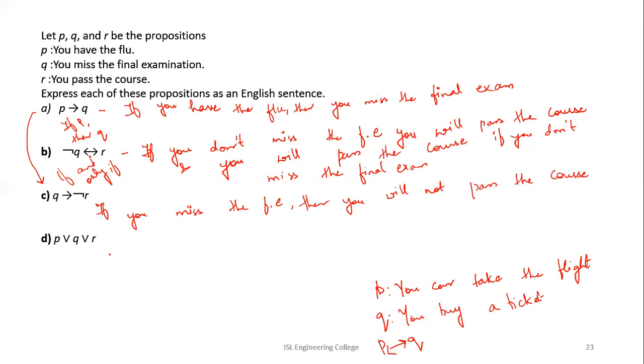The next one is P or Q or R. For this, we can write it as, you just have to add an or after each statement. So you have the flu, or you miss the final examination, or you pass the course.